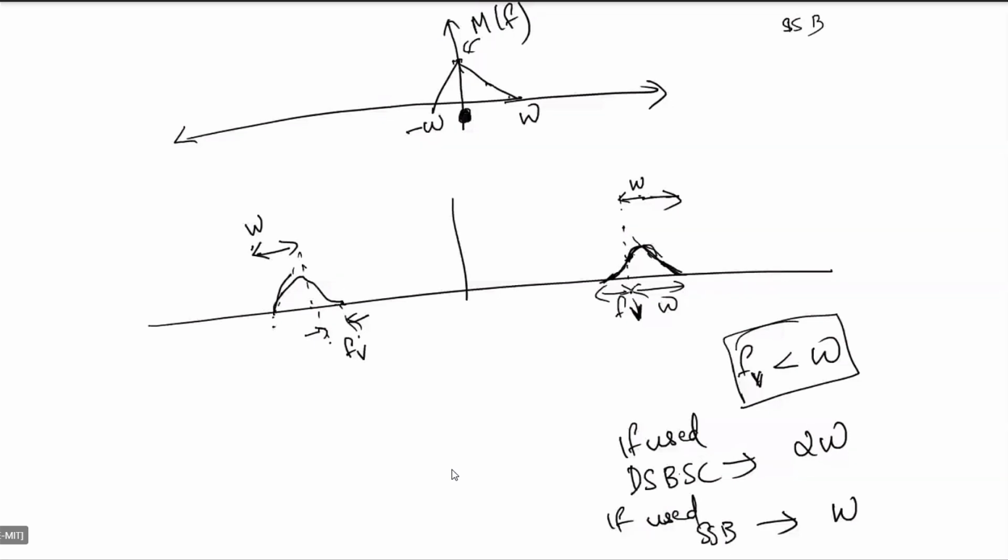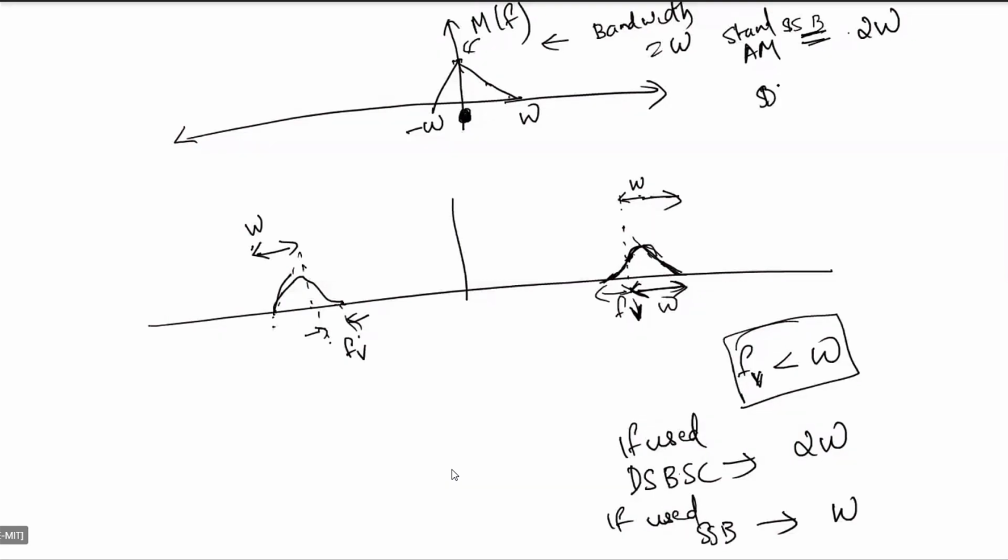Okay. Are you understanding it? Ma'am, could you repeat that? See, this is my message signal, and its bandwidth is W. If I am using standard AM, the bandwidth after the AM will be 2W.